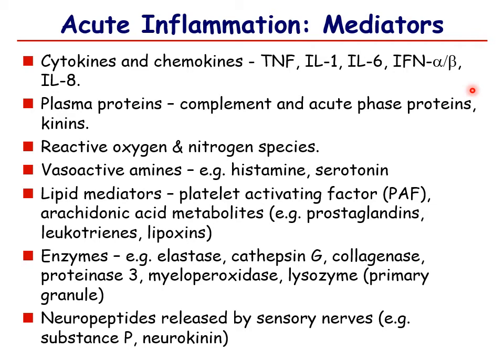This slide groups them in terms of their classes, like cytokines and chemokines, plasma proteins, vasoactive amines, etc. But these soluble mediators have been mentioned in the process of describing acute inflammation, so I will not go over them again, other than the fact that I want to highlight that you need to know acute phase proteins and that they are involved in acute inflammation, and also neuropeptides released by sensory nerves are involved in acute inflammation, and major examples are substance P and neurokinin.